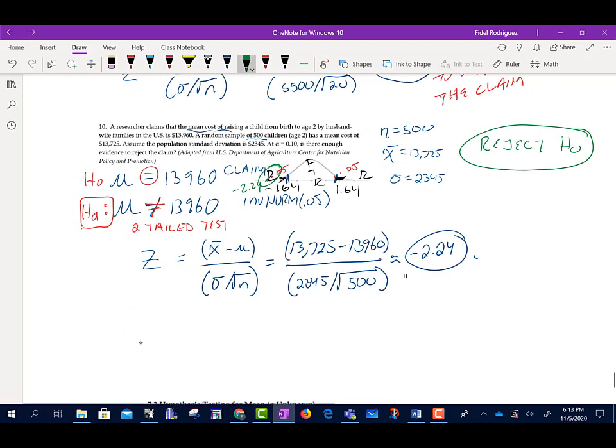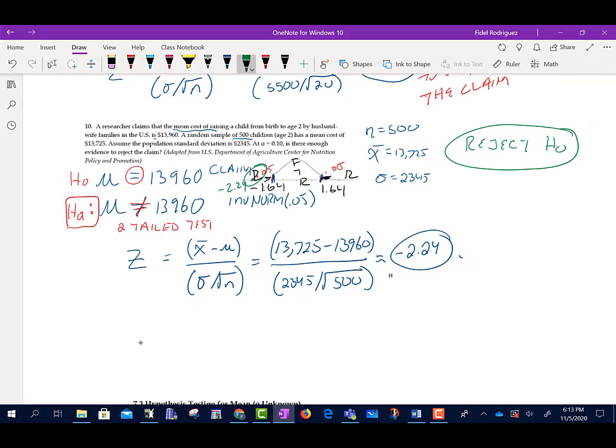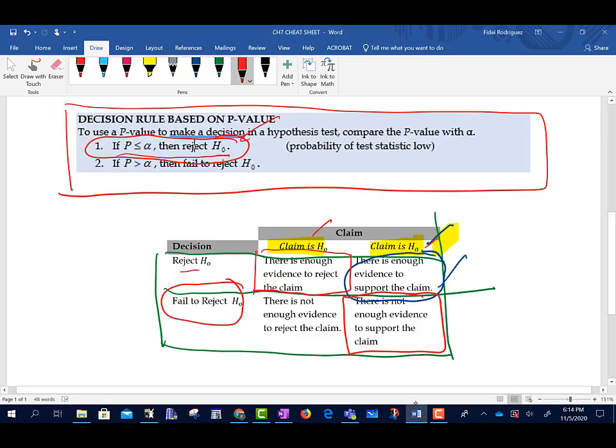Second thing I want to do is figure out which one of those was my claim. Look, the null was my claim. So if I'm rejecting the null hypothesis and the null happened to be my claim, I'm going to come back to my cheat sheet. We are rejecting the null hypothesis, and the null hypothesis is my claim, so we're going to say there is enough evidence to reject the claim.